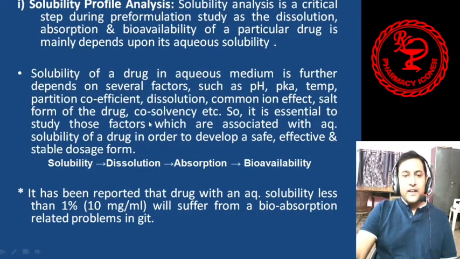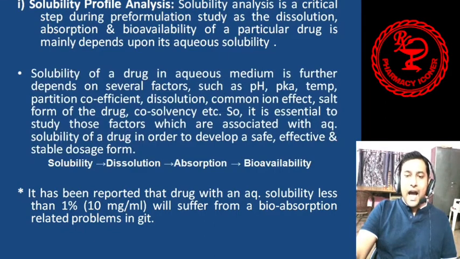The fate of a drug molecule after oral administration follows the following order. First is dissolution, that means the drug must be dissolved in gastrointestinal fluid. Then absorption, the drug is absorbed through the gastrointestinal membrane and then it reaches the systemic circulation. Now the fraction of drug that reaches the systemic circulation is known as bioavailability.